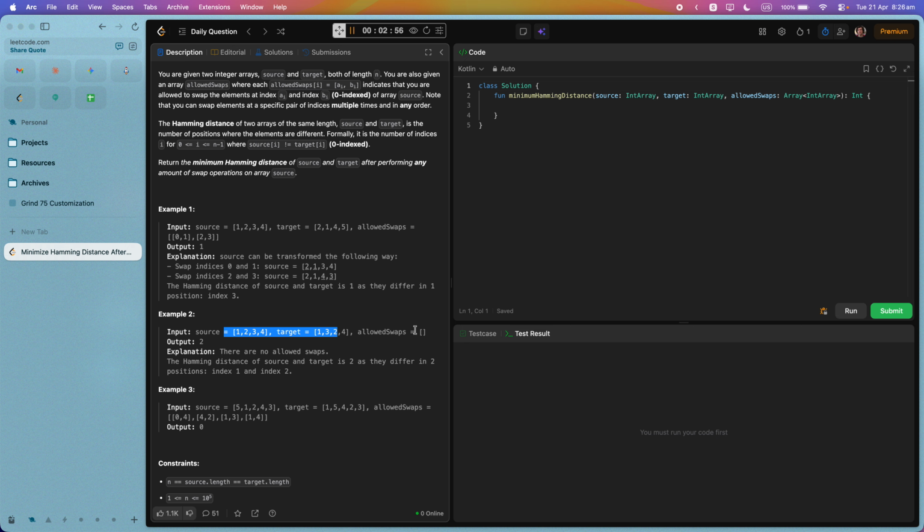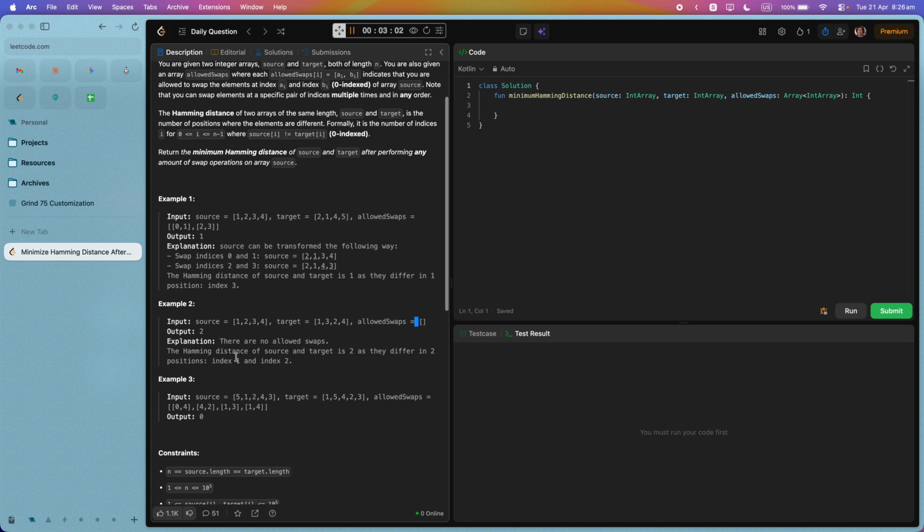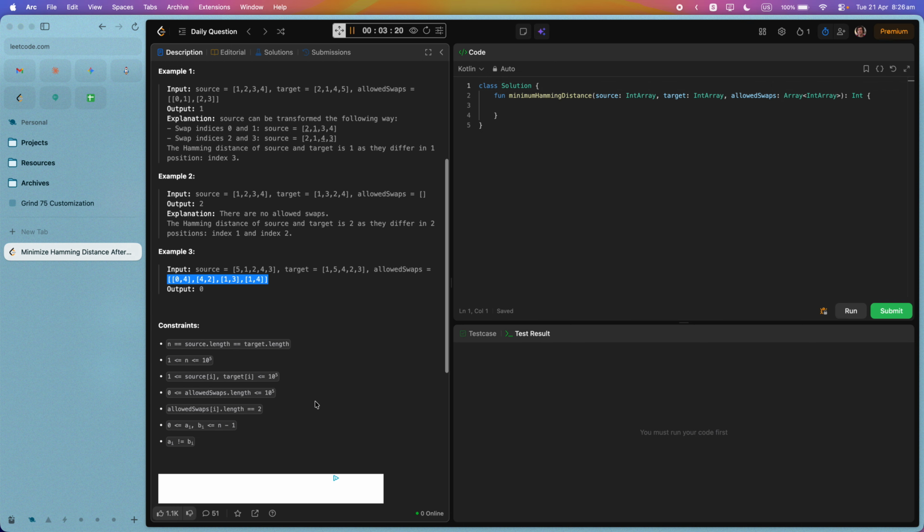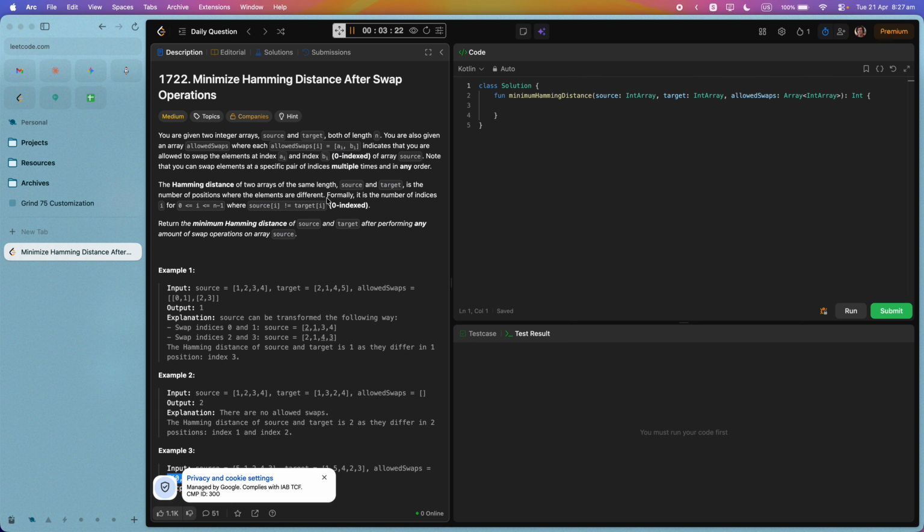In the next example, we don't have any allowed swaps, so wherever it differs, that's the Hamming distance, which is 2. In this case, we can make source equal to target, so we can do that. The only thing I need to understand is, can we use the allowed swap multiple times?